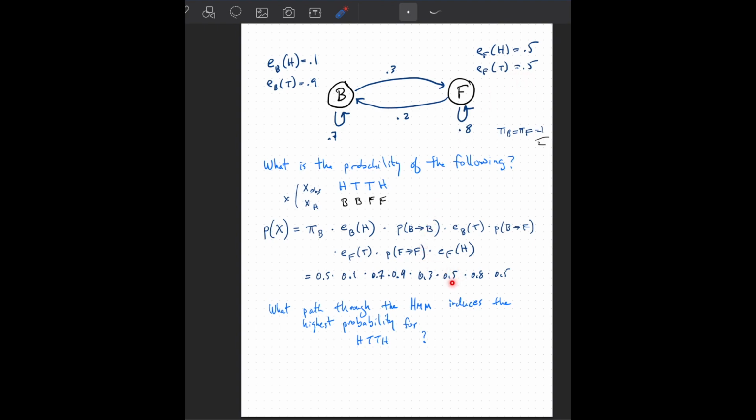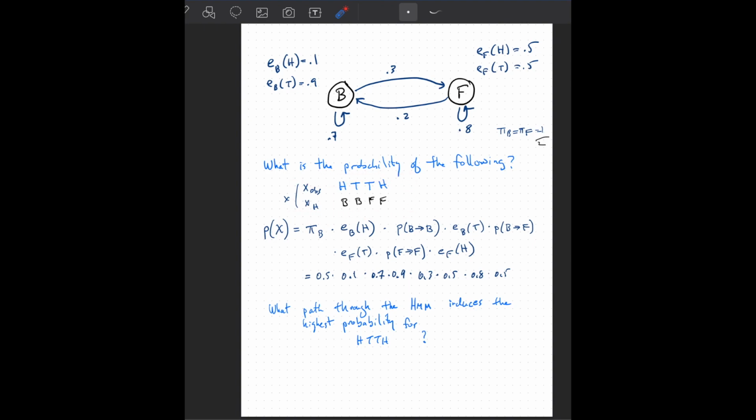She stays in state F, which occurs with probability 0.8. And finally, she emits a heads, which occurs with probability 0.5. So if I did the arithmetic, this is the probability of this configuration.